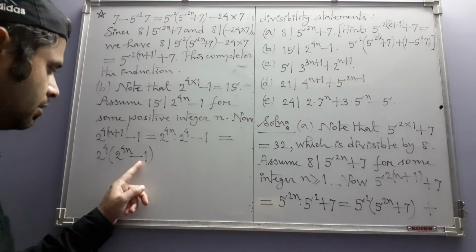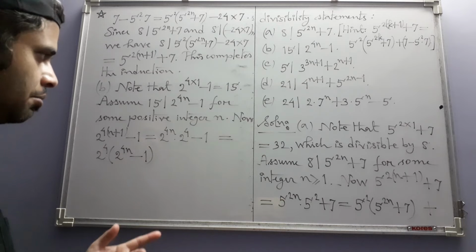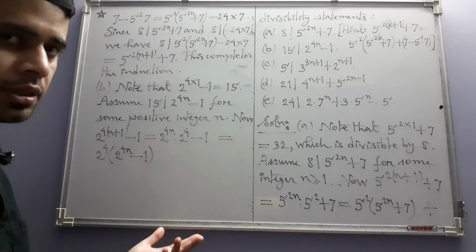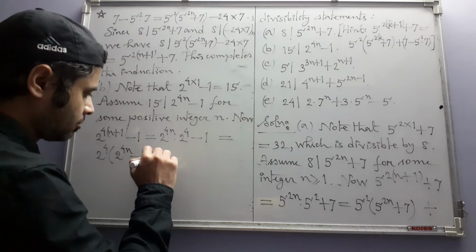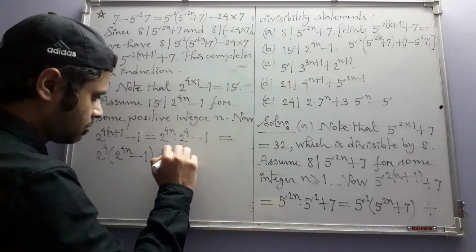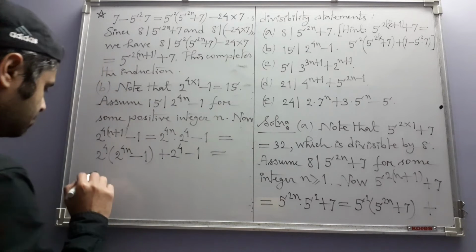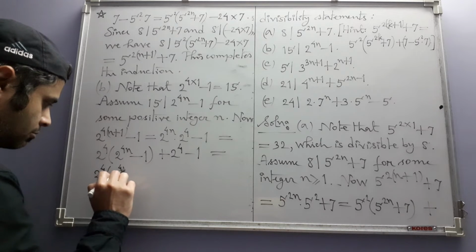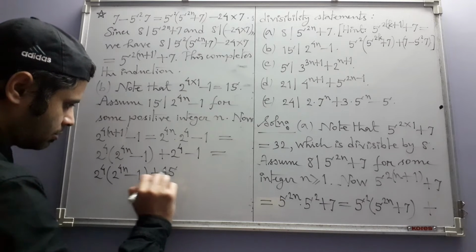We have taken an extra 2 to the power 4 but with a minus sign. That means we have to compensate for that, we have to add 1 2 to the power 4. And this becomes equal to plus 15.